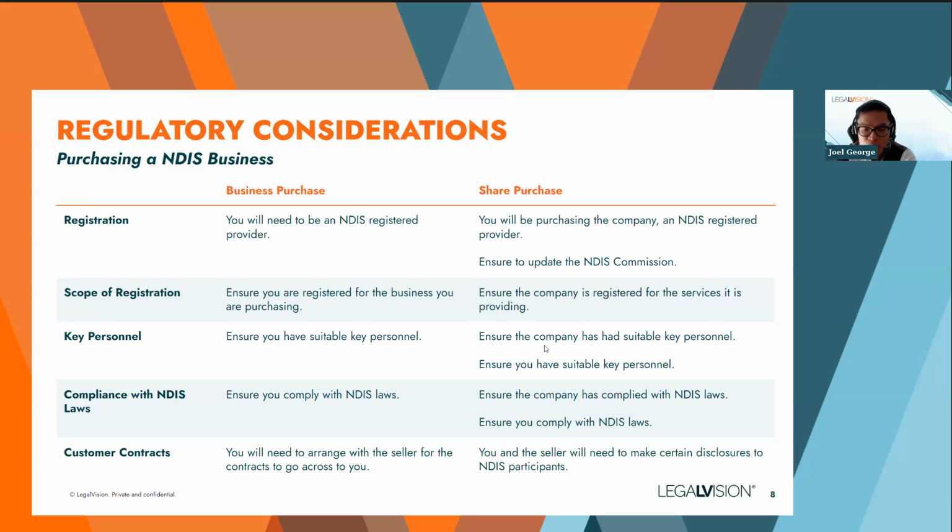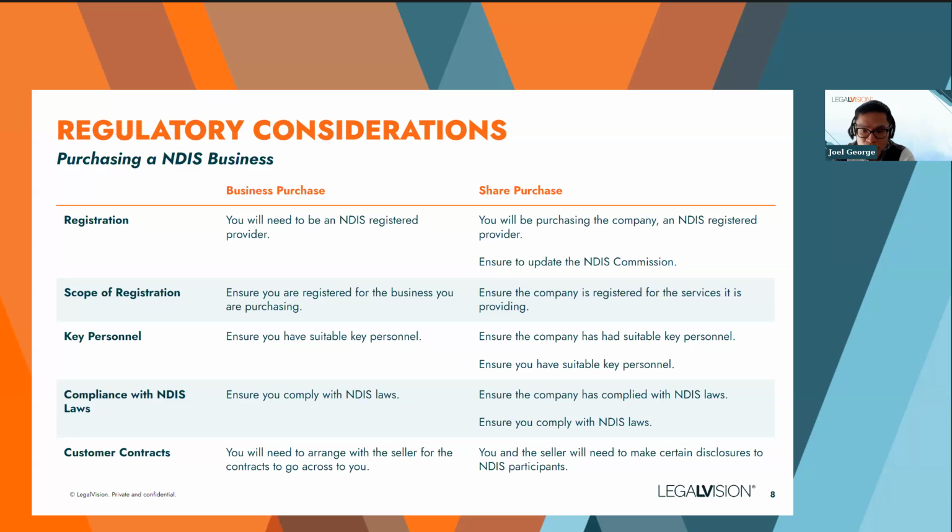So you just need to make sure that after the sale, you update the NDIS commission through the portal. You also need to make sure that the company has been registered for the services it's providing, because you don't want to inherit a default company. The key personnel, you have to make sure that the company has always had suitable key personnel, and you have to make sure that it will continue to have that key personnel.